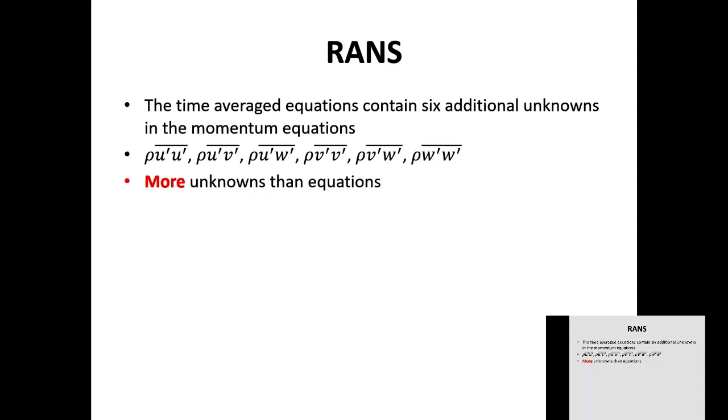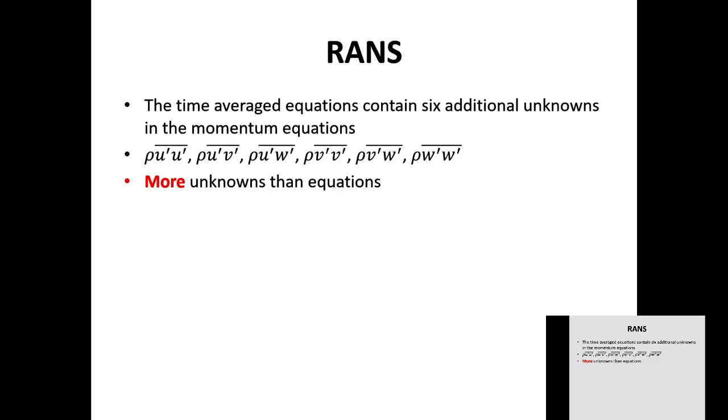In RANS, the time averaged equations have 6 additional unknowns in the momentum equation. What you do is write your velocity field as u plus u dash.